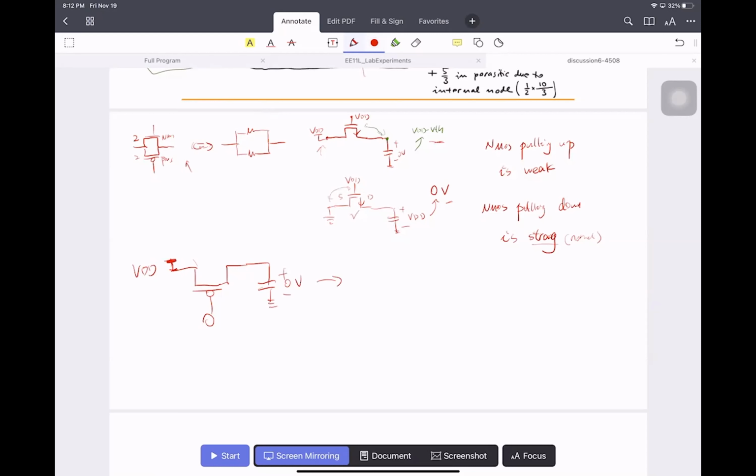It will be VDD at the end, because here is the source, here is the gate, and the gate-source voltage is always VDD. So this PMOS is always on, so it keeps charging the output until the drain-source voltage is equal. You see, if you use PMOS to pull up, because you are putting the other node high as well, it can make the output the same as the input. So we say PMOS pulling up is strong.